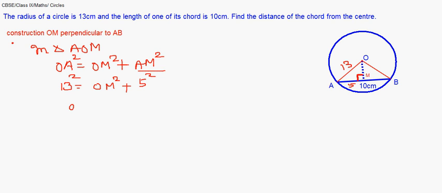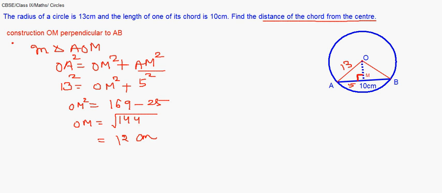So OM square will be 169 minus 25. OM is then, this I think is giving 144, thereby making OM as 12 centimeter. So hence the distance of the chord from the center is given as 12 centimeter. Hope you followed it. Thank you.